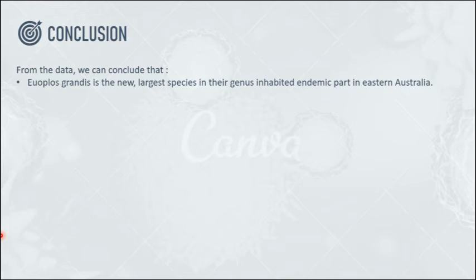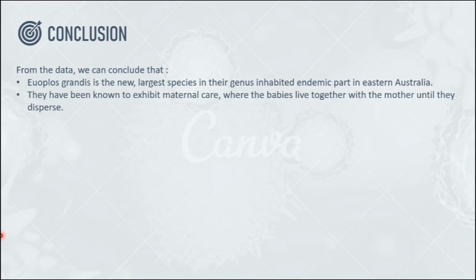And we came to the conclusion. From the data, we can conclude that, first, Euoplos grandis is the new largest species in its genus. It inhabits the endemic part of eastern Australia. Second, they are known to exhibit maternal care, where the babies live together with the mother until they disperse.